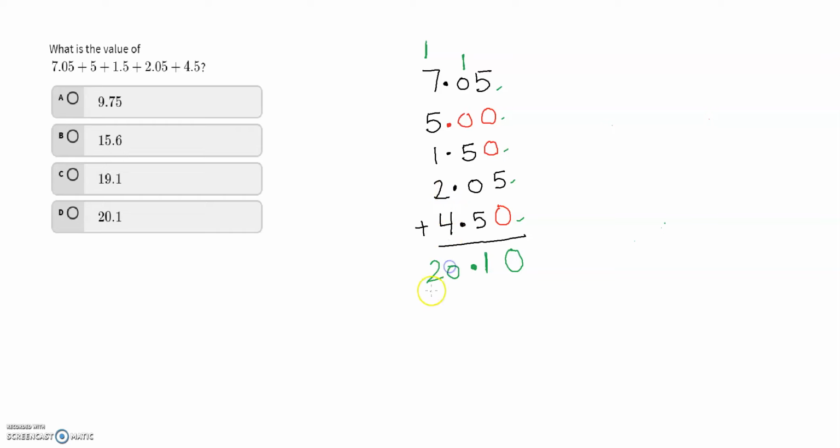And I can see it's 20.10. If I look at the choices, the first choice is 9.75, the second one is 15.6, C is 19.1, and D is 20.10. If there is no 0, you can include 0, that will make it 20.10. So the correct answer is D.